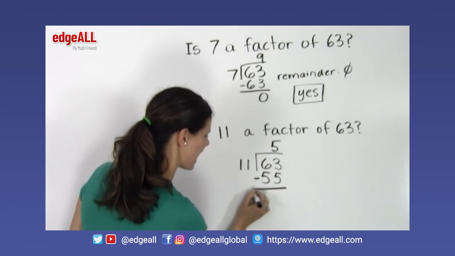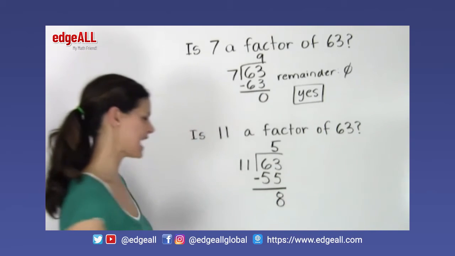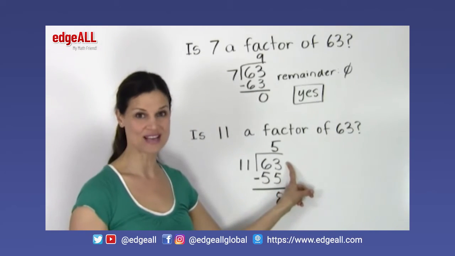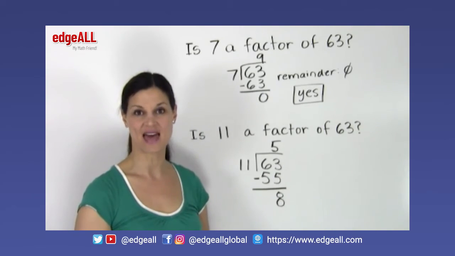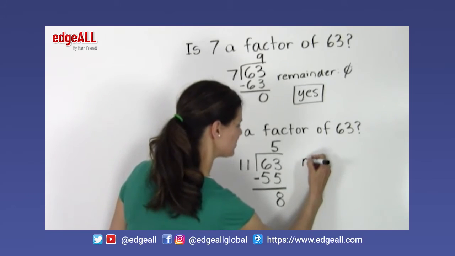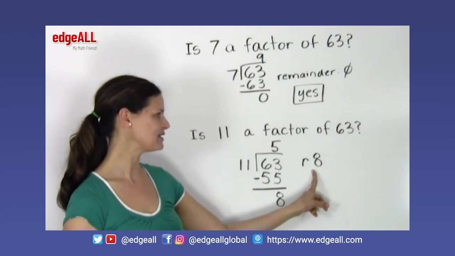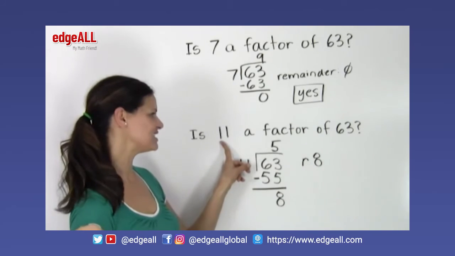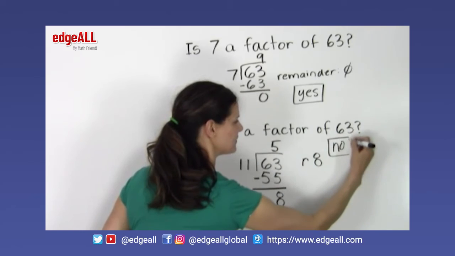And I subtract 63 minus 55 equals 8. There are no more numbers for me to pull down here, and so I can see that the remainder is going to equal 8. So this one does have a remainder of 8, which tells me that 11 is not a factor of 63.